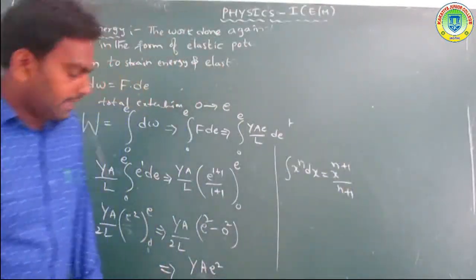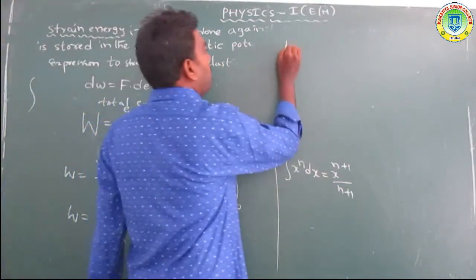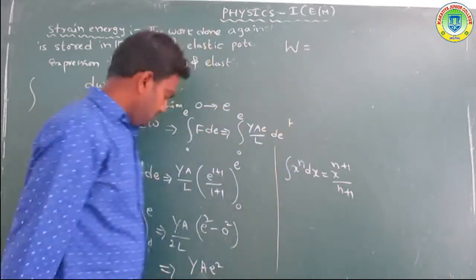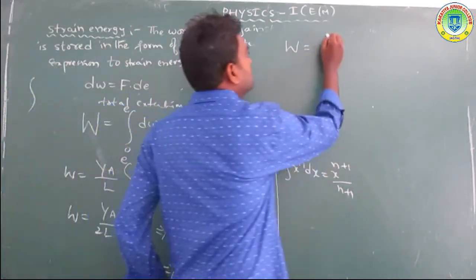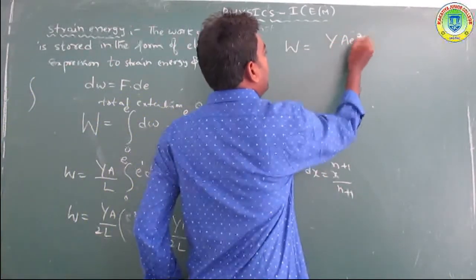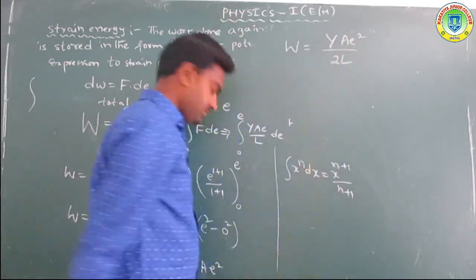Now take this equation, which is the total work done: W is equal to Y A e square by 2L.